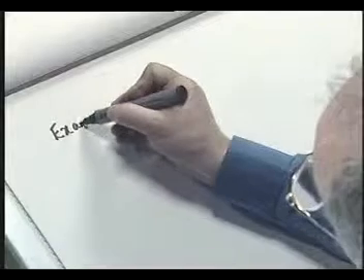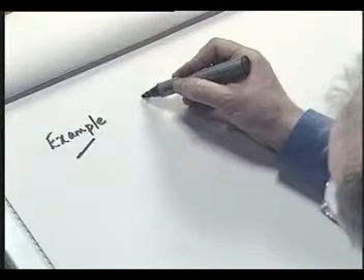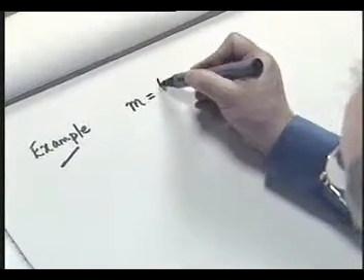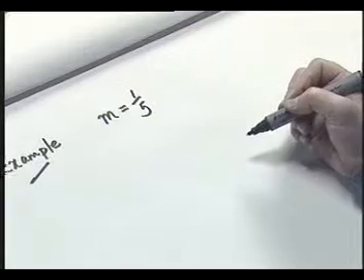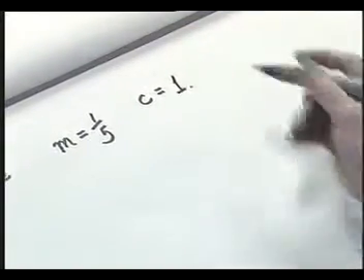What about another example? Suppose we're given some information about a straight line graph and we want to try and find out what the equation is. So for example, suppose we're told that a straight line has gradient a fifth, and we're told also that its vertical intercept c is 1.